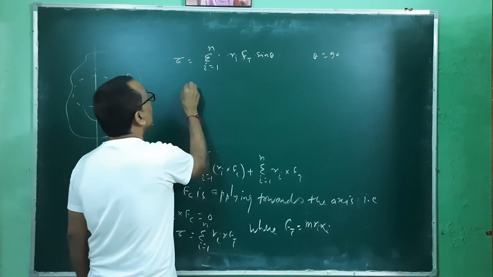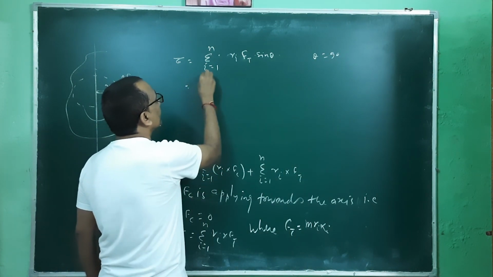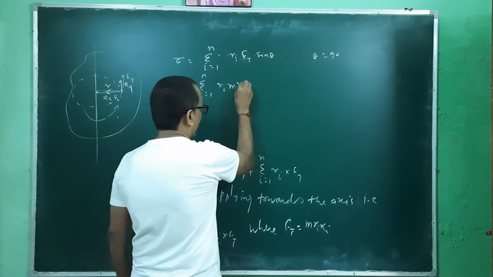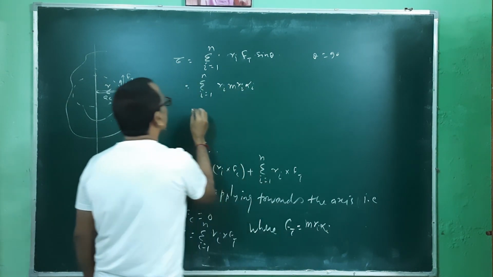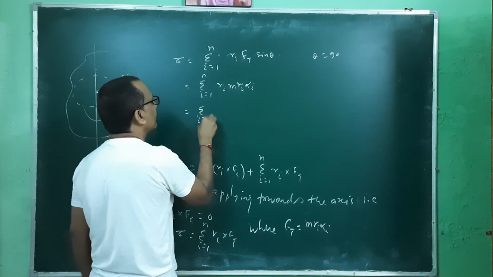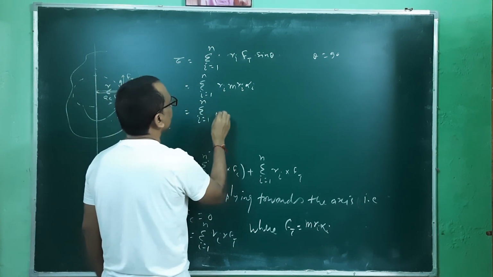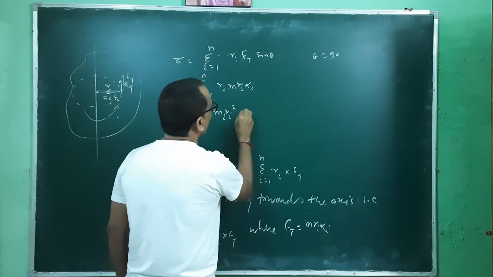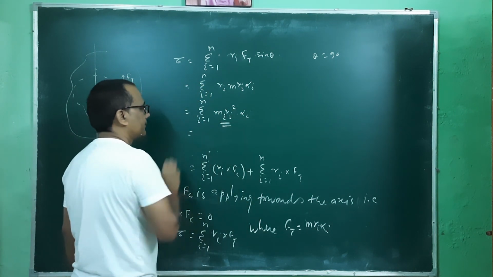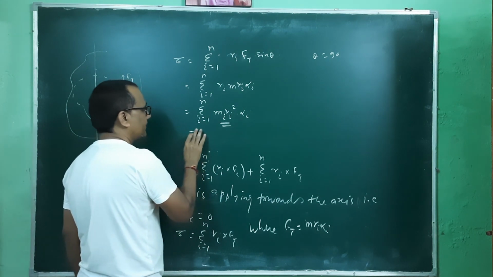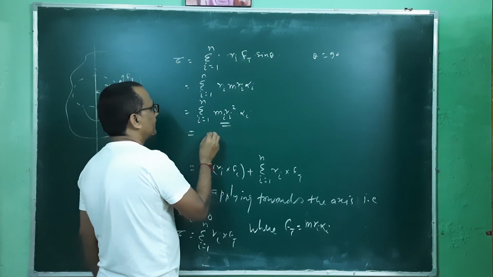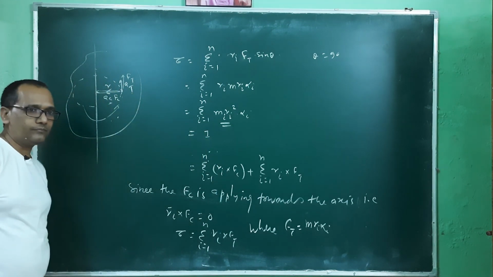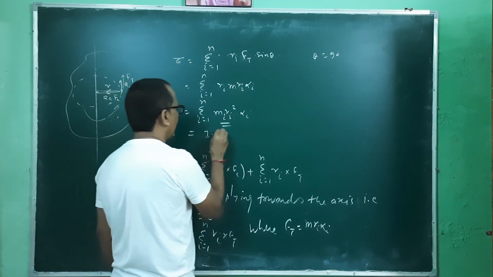This is the summation of i from 1 to n of mi Ri square multiplied by alpha i, and this is just I, the moment of inertia, and this is alpha.